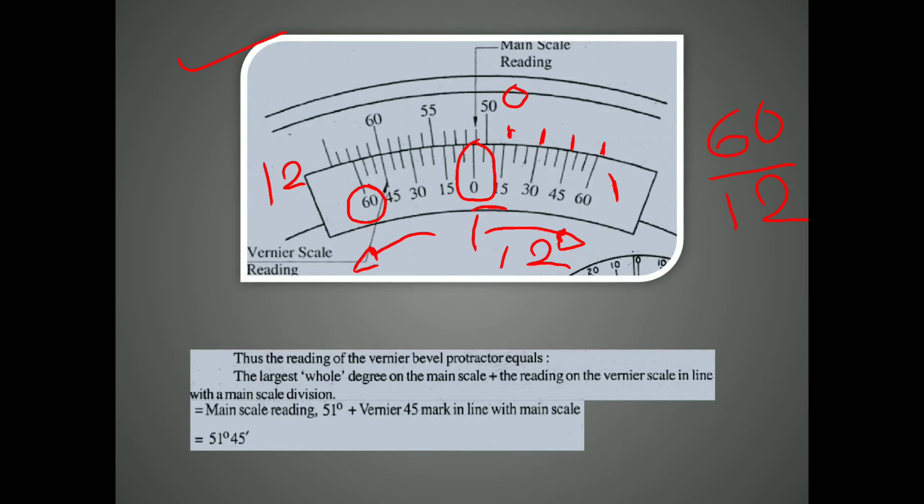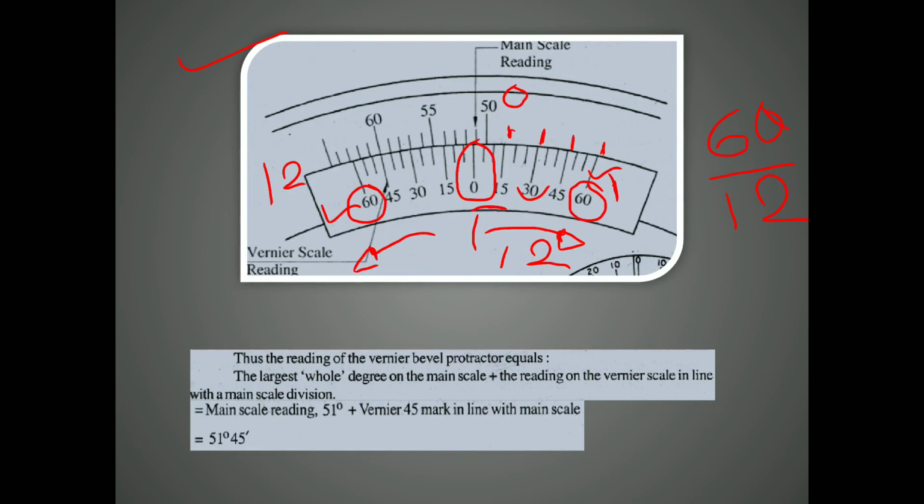Just carefully observe here. 60 is the final reading on your vernier scale, 60 on both sides, clockwise as well as anti-clockwise, and the total number of lines engraved from 0 is 1 2 3 4 5 6 7 8 9 10 11 12.